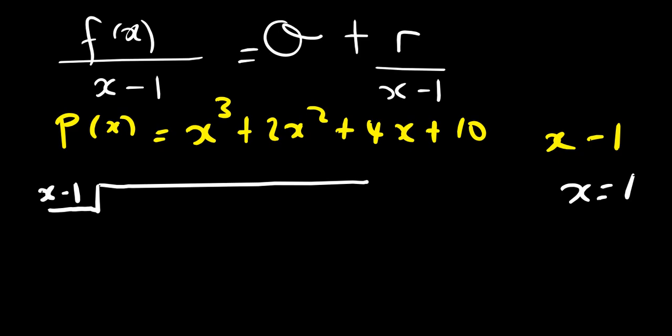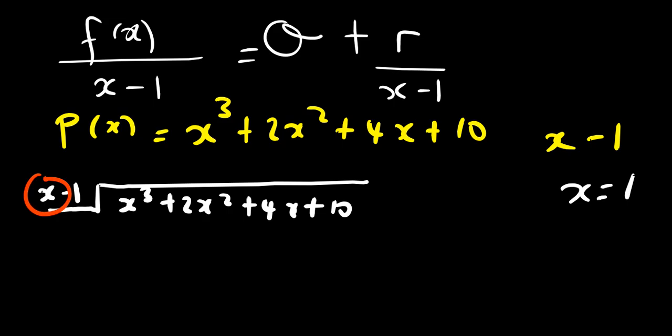So what are you now going to have? You have x to the power 3 plus 2x squared plus 4x plus 10. So this is long division. You always divide with the highest power of x. If you had x squared, you'd be dividing by x squared, but now you have x, so we're going to divide by x.